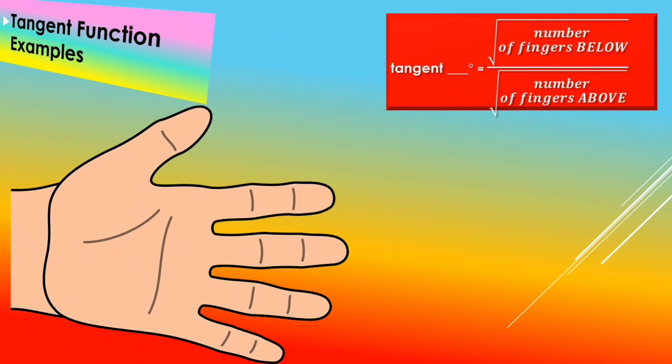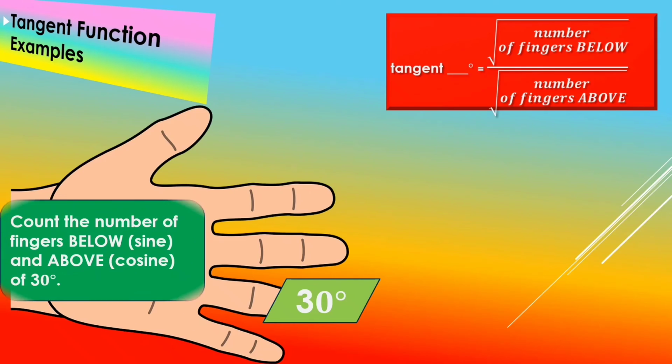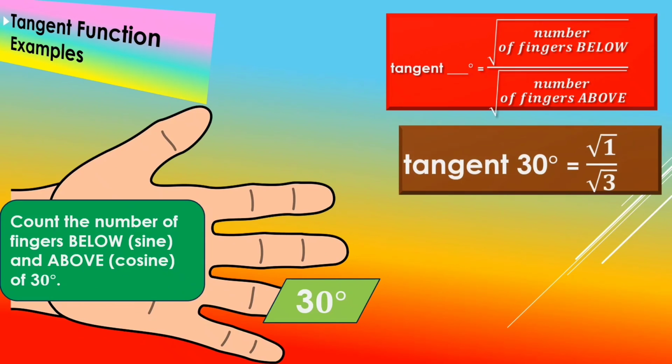Let's have another example. Tangent 30 degrees. For tangent 30 degrees, you are going to count the number of fingers below for sine and above for cosine of 30 degrees. So tangent 30 degrees is equal to the square root of 1 over the square root of 3.